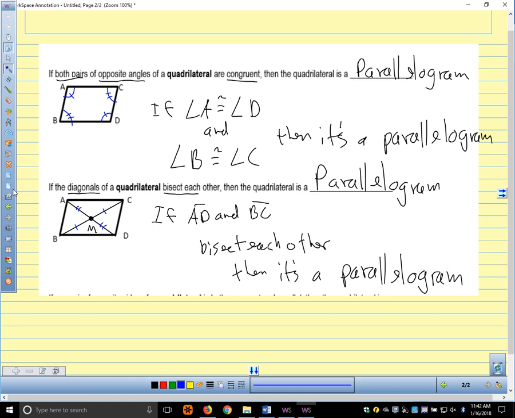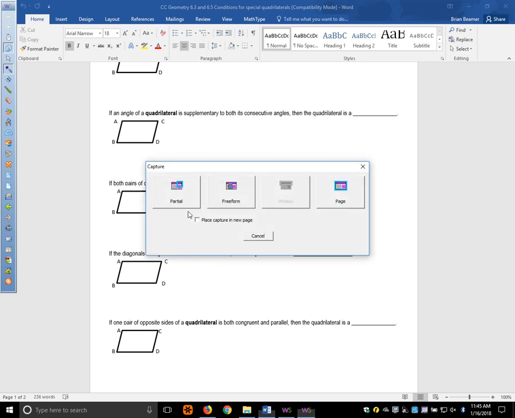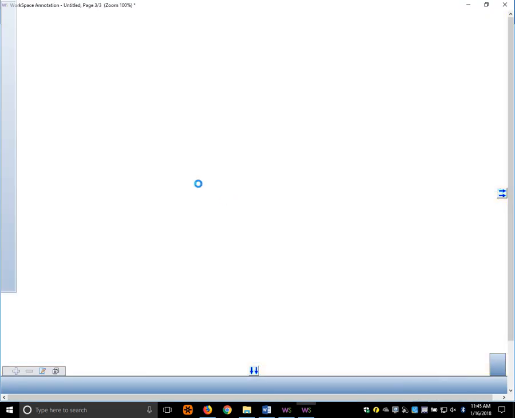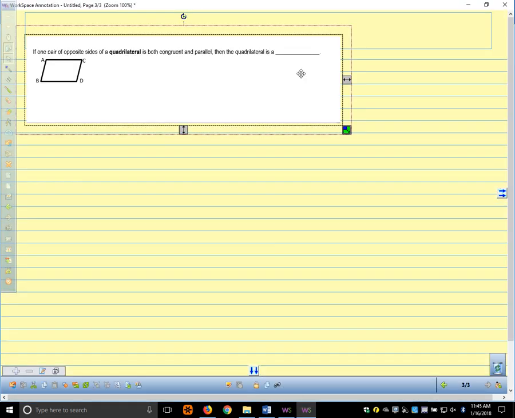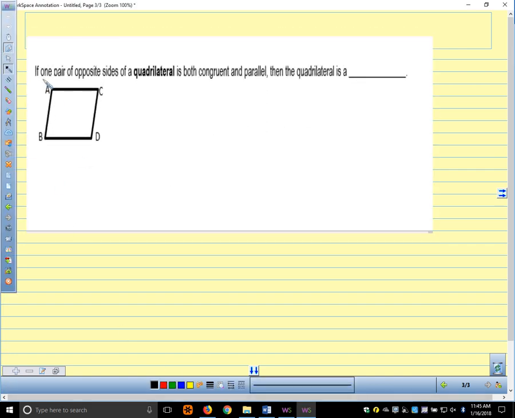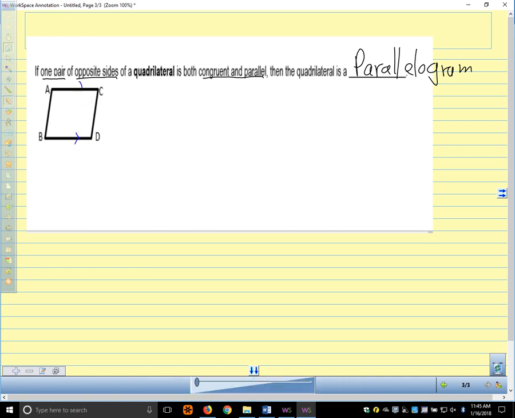Okay, the last one on the first side says if one pair of opposite sides is congruent and parallel, then the quadrilateral is a parallelogram. So we're saying, for example, AC is parallel to BD. Remember, the arrows tell us about parallel.